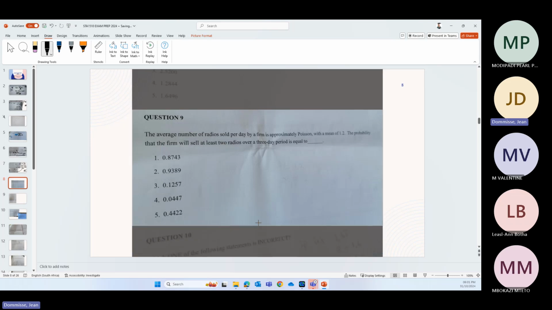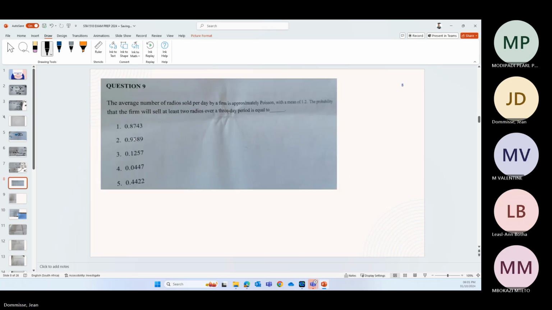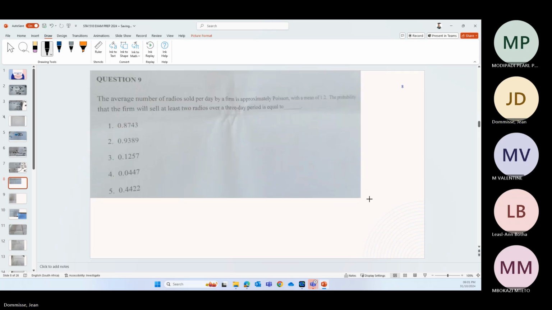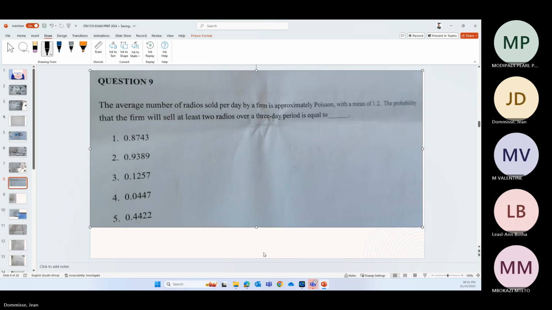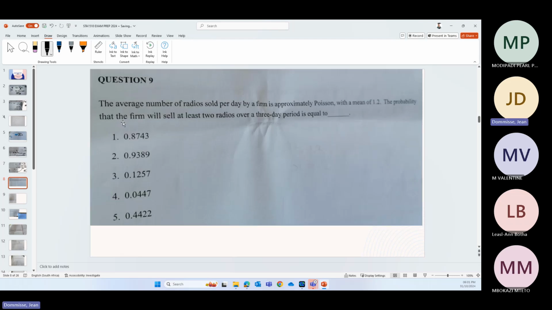And let's see what is asked in this one. Okay, so the average number of radios sold per day. Already, if they didn't tell us Poisson, we could have seen with the per day that it is more than binomial.